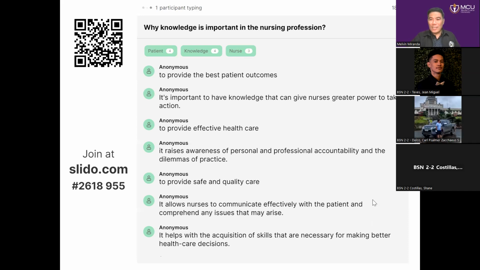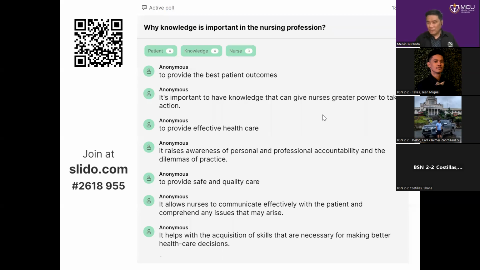Yes po. Yung knowledge po, this helps to communicate properly with the patient, and enables them to understand any problem that the patient is facing.